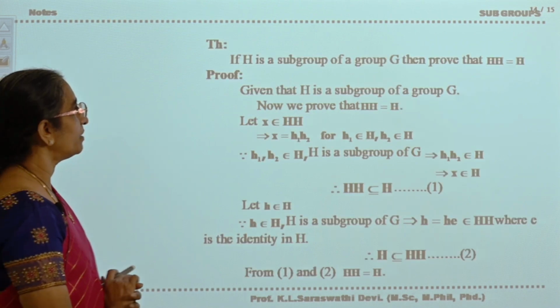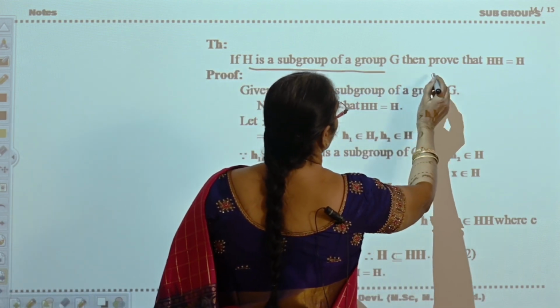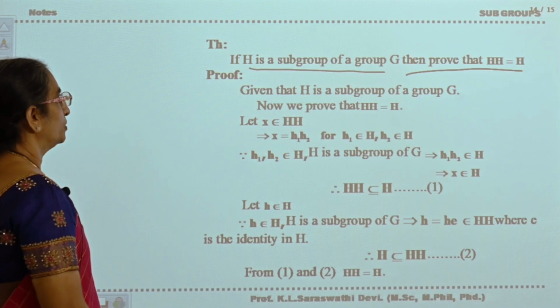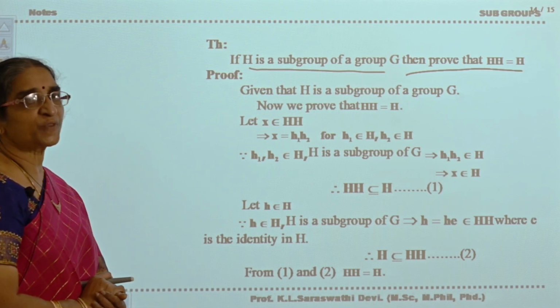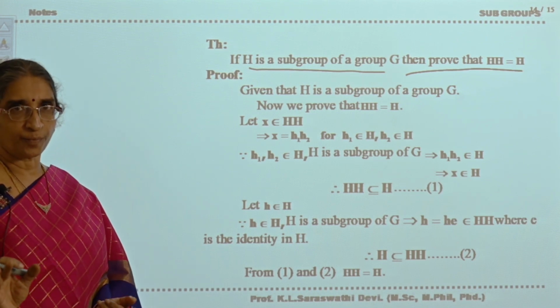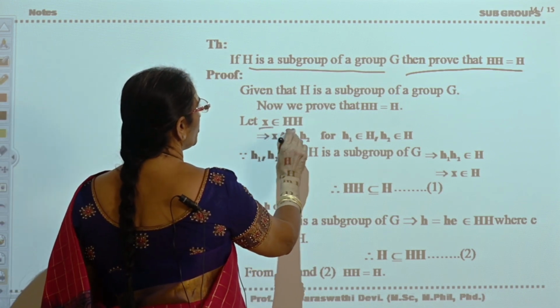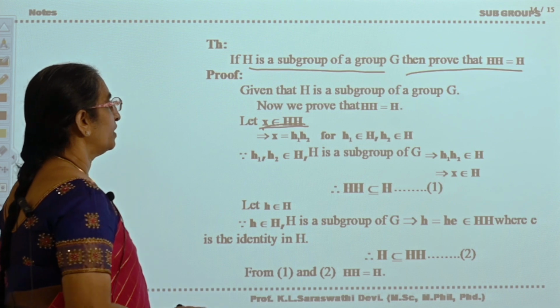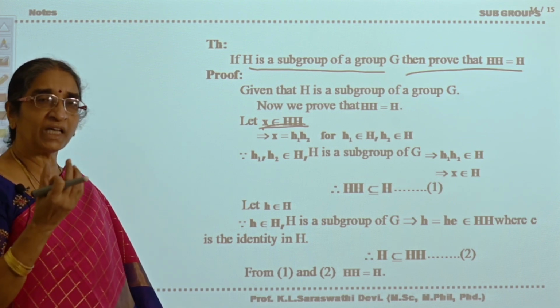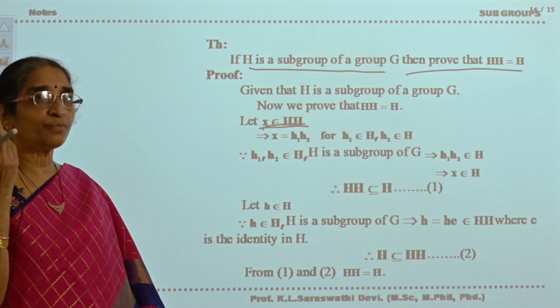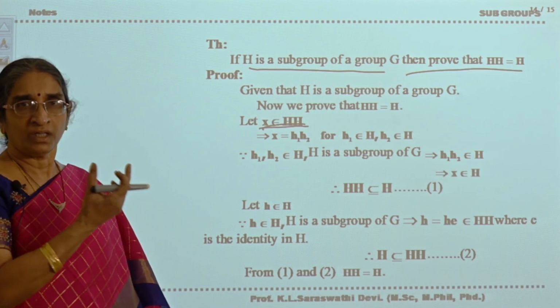If H is a subgroup of a group G, then prove that HH is equal to H. Now, the product of two subgroups itself is a subgroup. Okay. Now, take x belongs to HH in order to prove that. That means x is of the form h1 into h2, by the definition of product of complexes we discussed in the first slide.